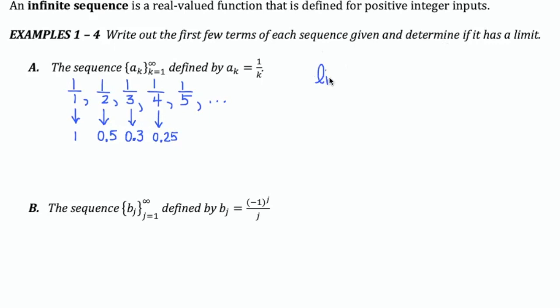And the notation we use will take the limit as k approaches infinity for my particular a sub k, which is 1 over k. And if you let k increase, you'll get huge denominators. k will eventually be 10 million. It'll be 100 million.